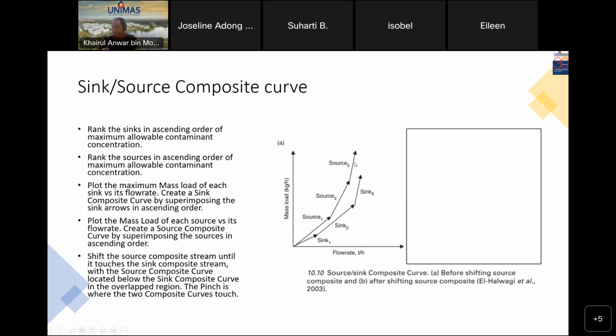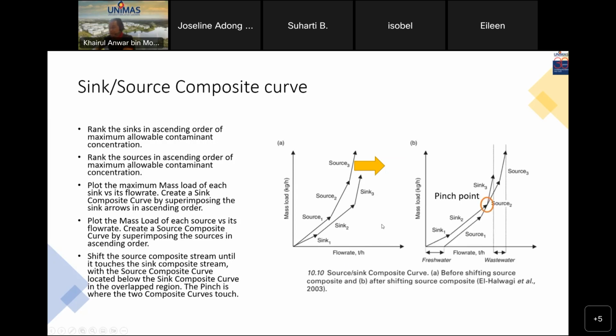After that, once you plot it, shift the source composite curve until it touches the sink composite curve, until it overlaps the sink like this. Once it overlaps, that is the pinch point.